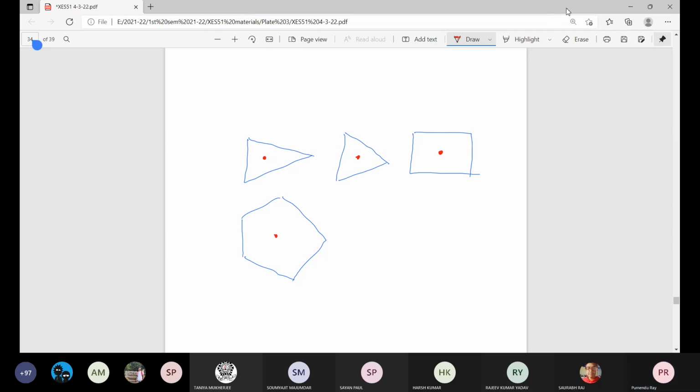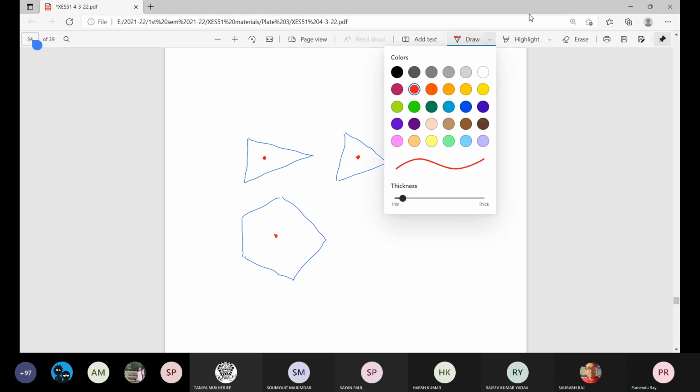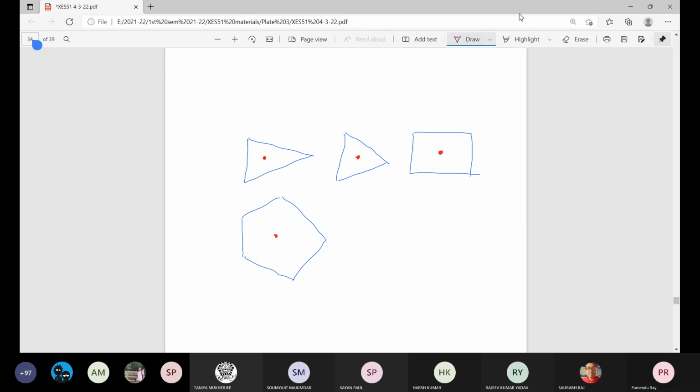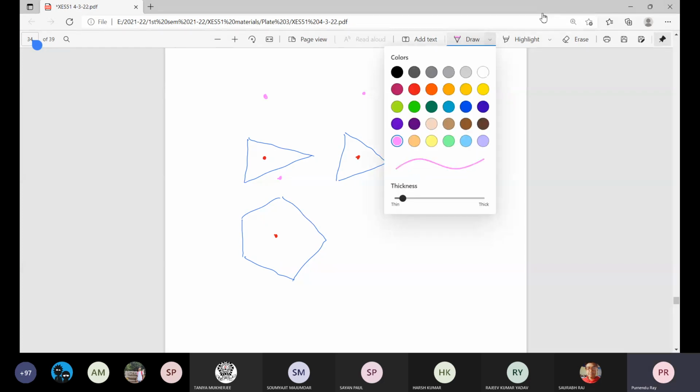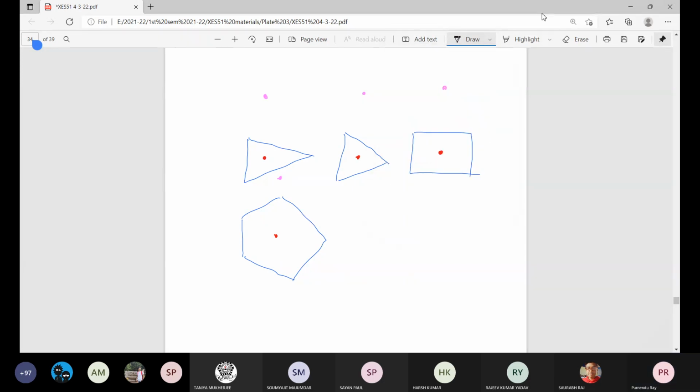Next, directly above this base center, we identify one location. Then from that location, we draw several lines connecting the base corners.